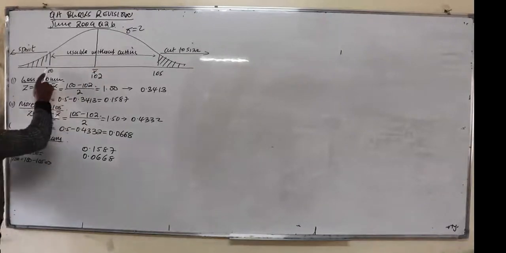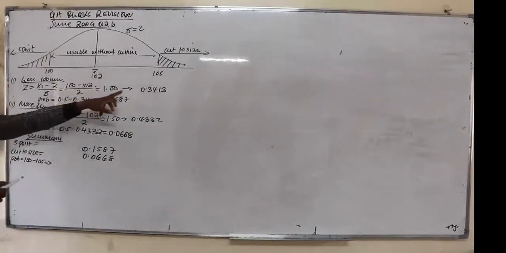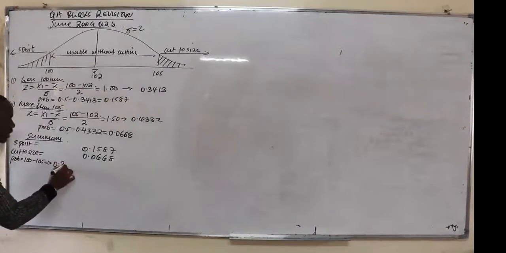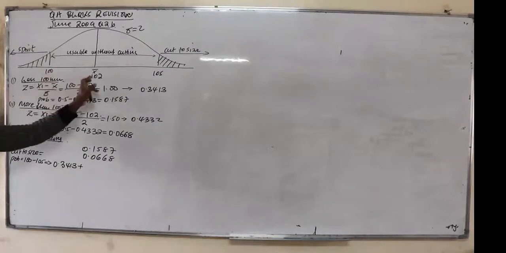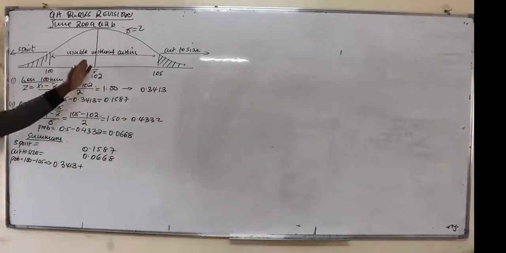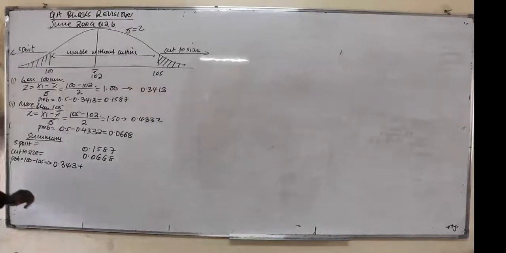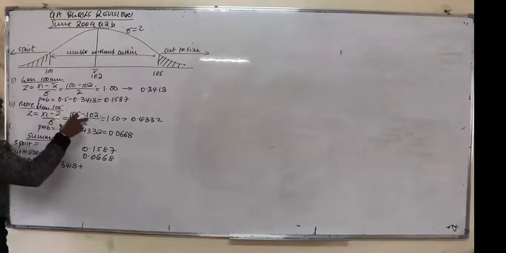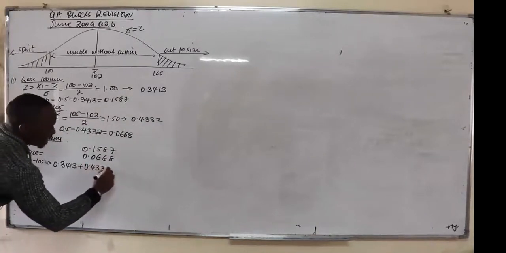We had the probability between 100 and 102, which is what we had computed here. The probability was 0.3413. That's between 100 and 102. Then you also add the probability between 102 and 105, which we computed as 0.4332.